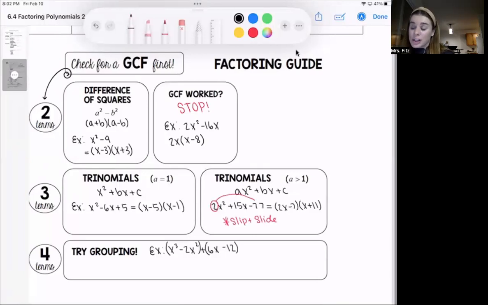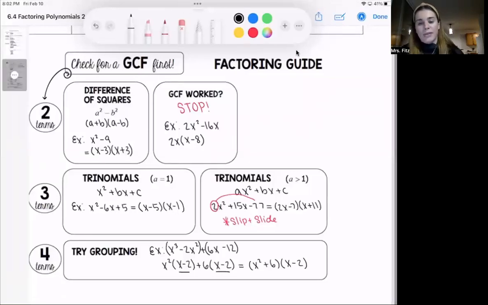You pull out their GCF, so you have x squared for the first 2. You're left with x minus 2. And then we have 6 for the GCF of the second 2 terms, plus 6 times x minus 2. Now they have a common factor, so this would factor to x squared plus 6 times x minus 2. And for this one, that's as far as we can go because we don't have a difference of squares there. Okay, so that's your little factoring guide.